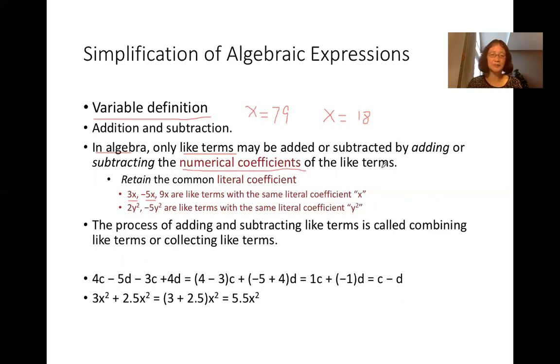For example, if you want to do 3x minus 5x, the coefficients are 3 and negative 5. So you do 3 minus 5, followed by x. So the result is negative 2x.